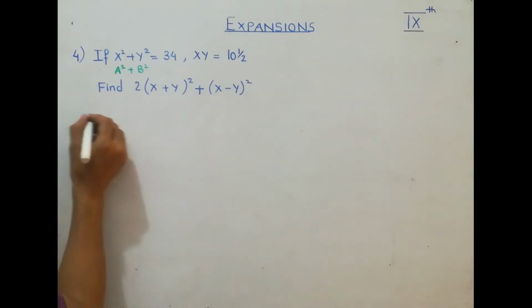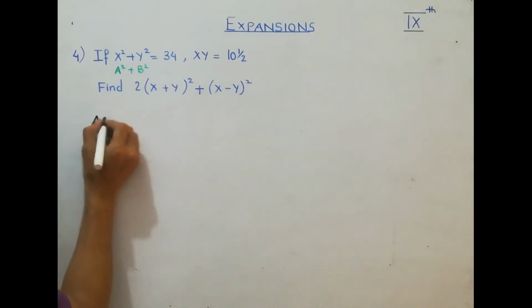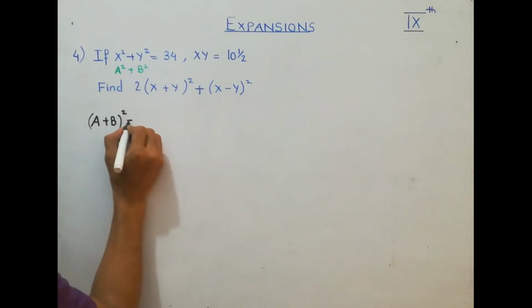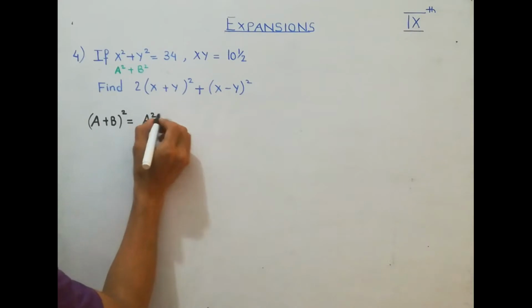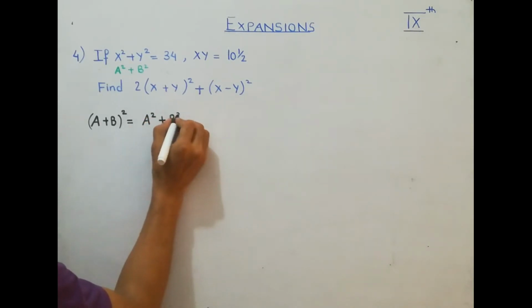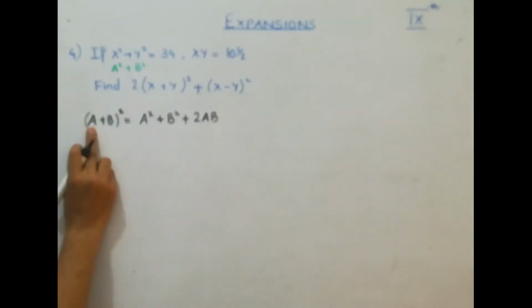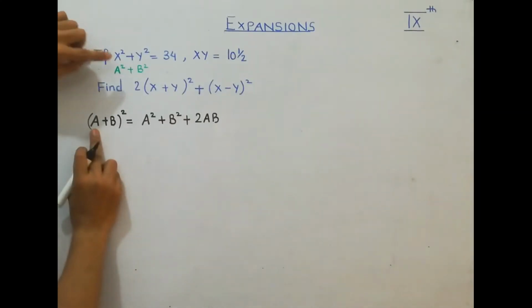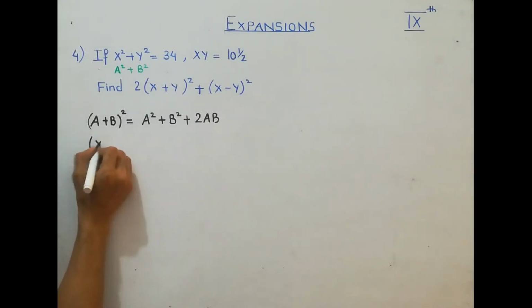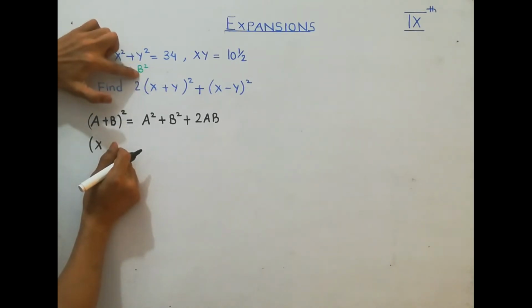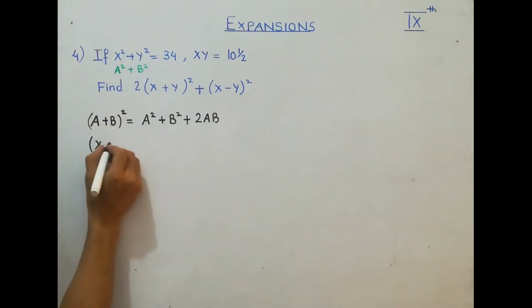So let's apply the first formula. Here a will be replaced by x because a square is representing x square, so that means a is x. b square is representing y square, so if you take under root, b is equal to y.